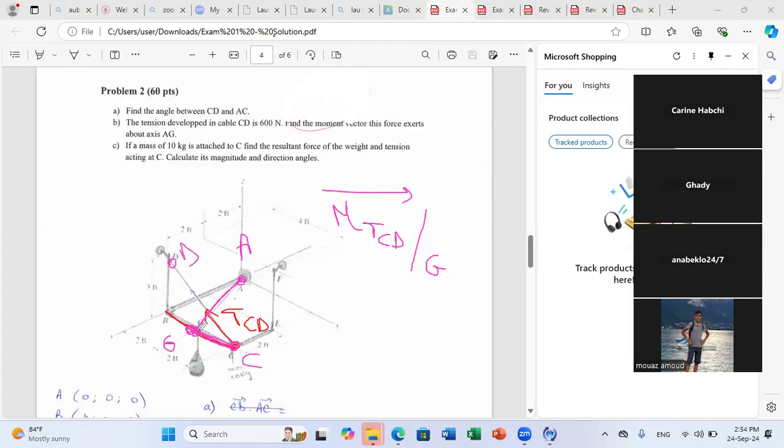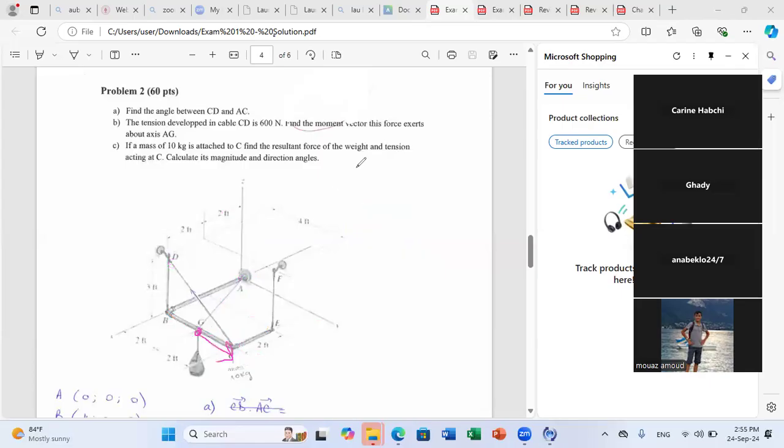Because the GC vector is parallel to the y-axis. So if you select r in a simple way, this will simplify your equation. This is why I selected the easiest position vector, which is GC. The GC vector will have only one component along y.